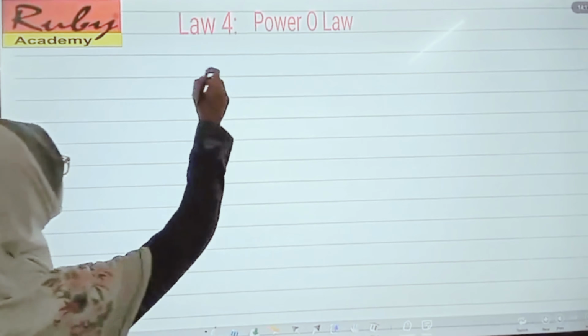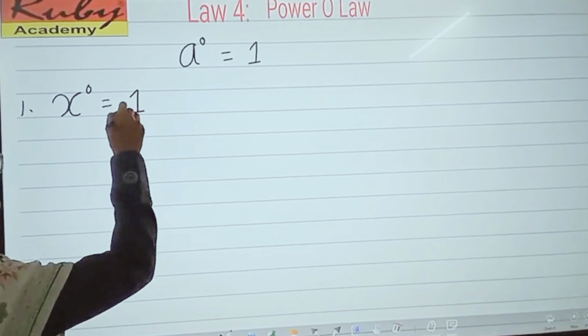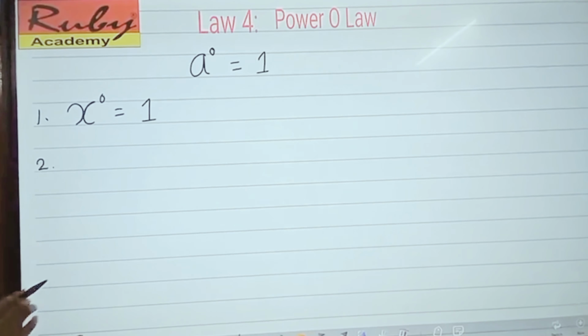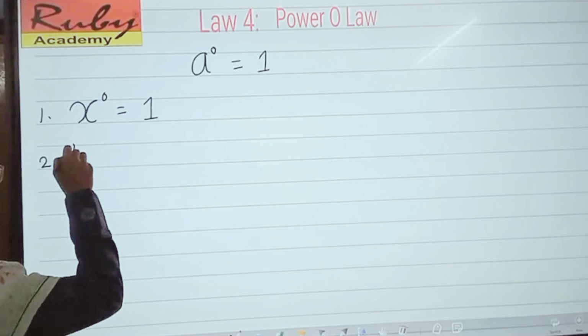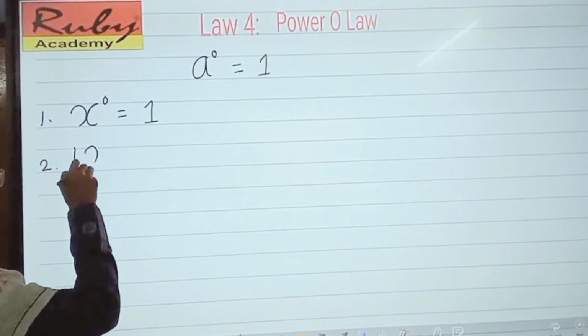Now let's take some examples for this law. For example, if x has a power of 0, then its answer will always be 1. And let's take a number. So if this number is 12, 12 has a power of 0, its answer will always be 1.